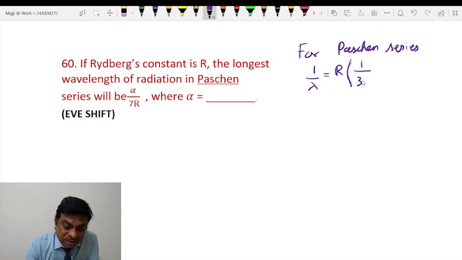So Paschen is third. So it has to land on the third from any orbit higher than 3, that can be 4, 5, 6, etc.